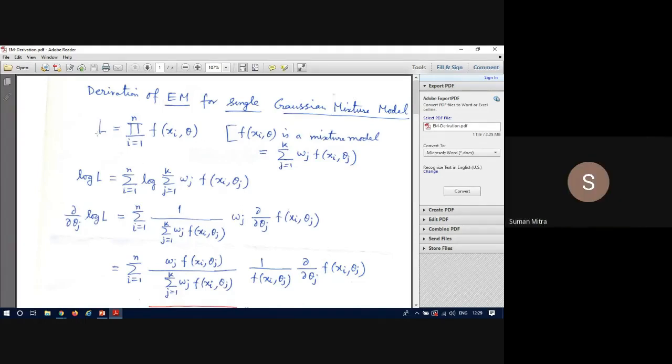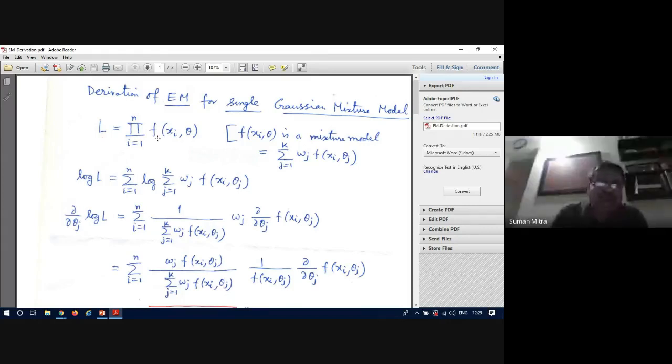What is L? Likelihood. Likelihood is this one: product i equal to 1 to n f(xi, theta). What is f(xi, theta)? This is a mixture model. So f(xi, theta) is nothing but summation j equal to 1 to k wj f(xi, theta j). Right?